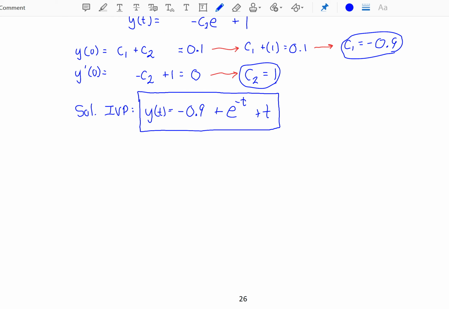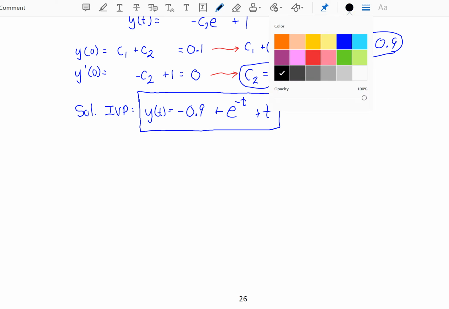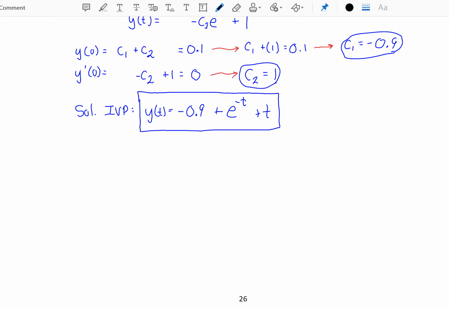Again, I think it's important for us to think about these graphically as well. What do these solutions actually look like? So here you might want to consider drawing your solution curve. Here we started with an initial condition of, well, what was our initial condition?